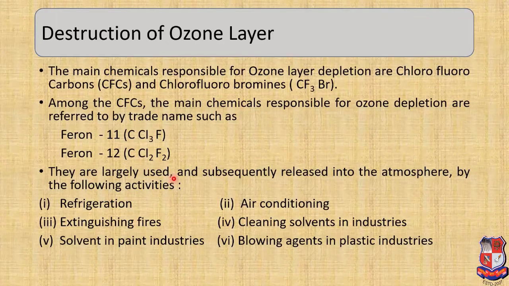They are largely used and subsequently released into the atmosphere by activities that we all know, like normal day-to-day activities like refrigeration, air conditioning, fire extinguishers, cleaning solvents in industries, solvent in paint industries, and blowing agent in plastic industries.